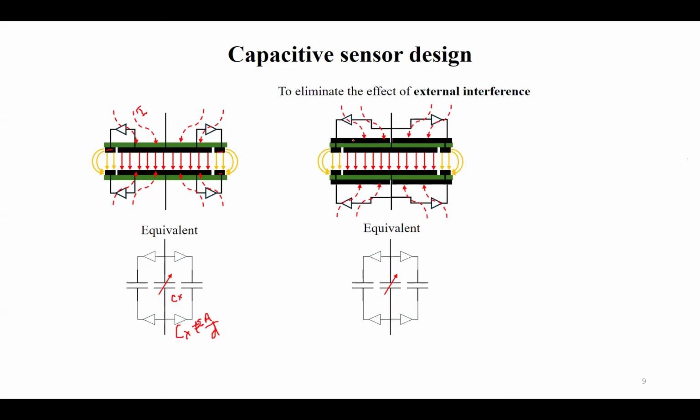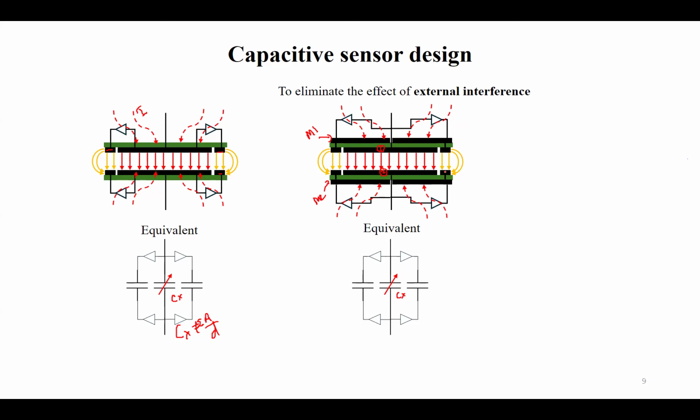So how do we overcome this effect? To overcome the effect from the external, we'll add one more guard plate over the second layer. So this is a metallic plate. Okay, so metallic plate 1 and metallic plate 2. You could see we have the metallic plate 1 here, metallic plate 2, which correspond to the main metallic plates of the capacitive sensor CX.